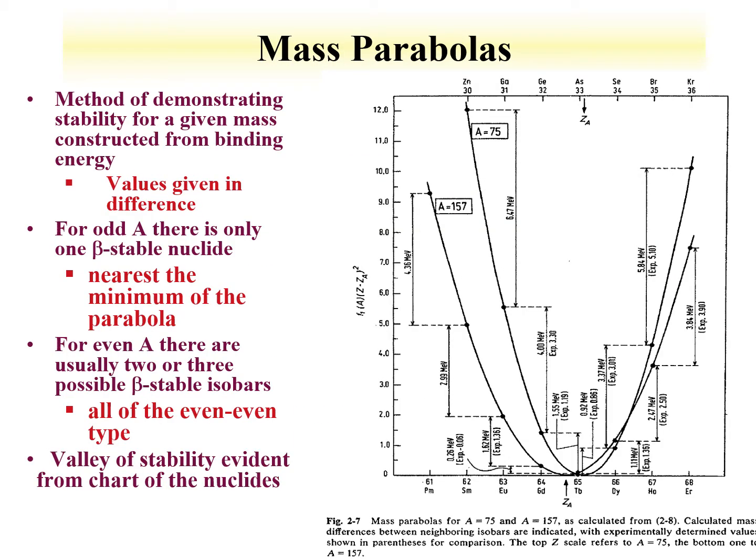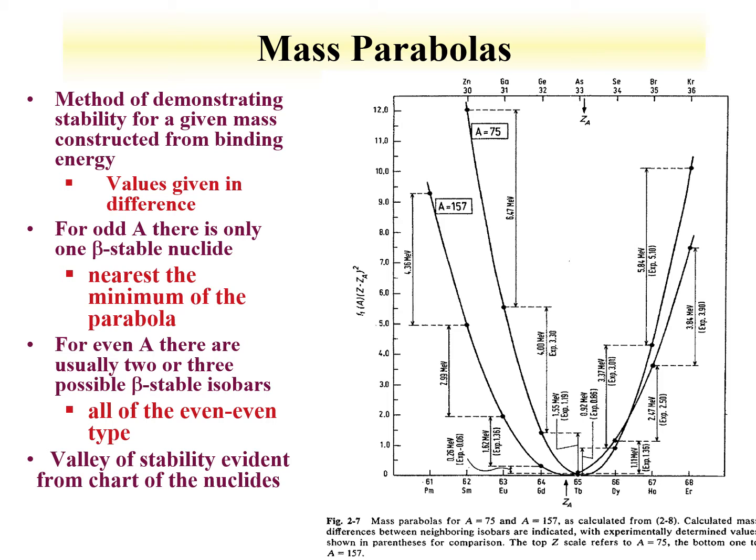Another way of evaluating reactions is through the mass parabola, where the energy for a given isotope is shown, where 0 energy is fundamentally a way of describing the stable isotopes. Mass parabolas are useful for demonstrating stability for a given mass chain.